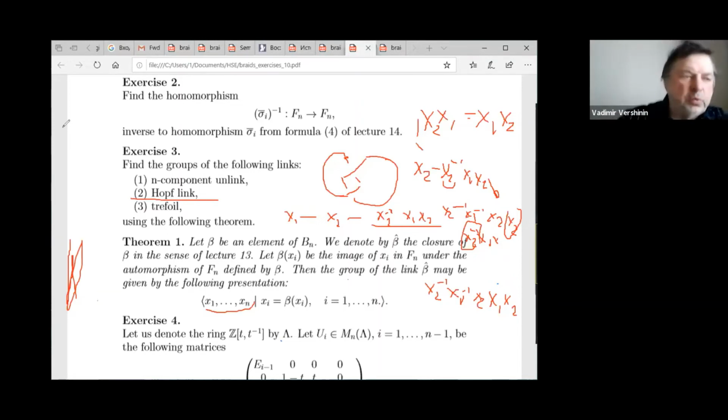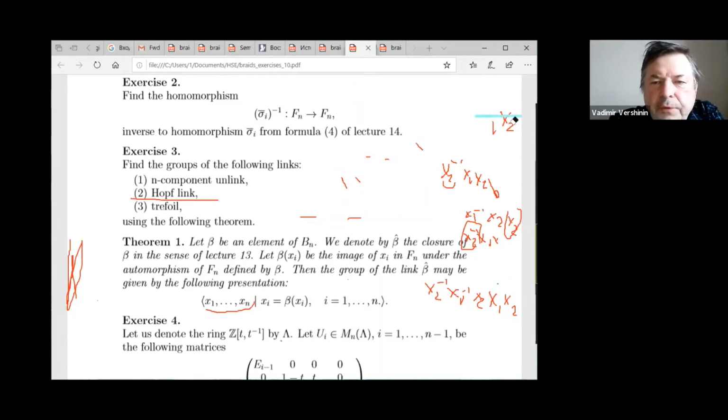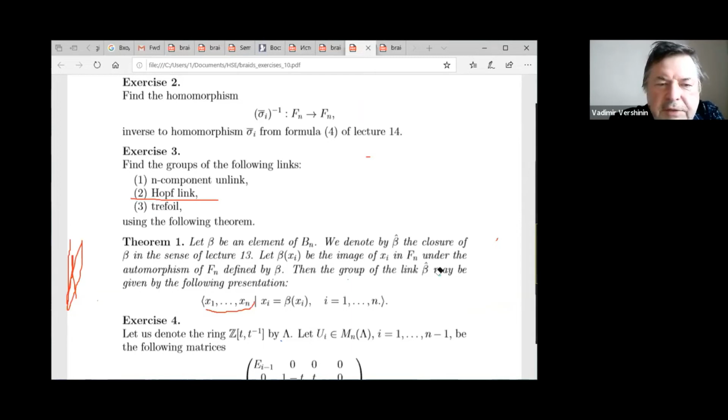So, and the last one. We should do this more quickly. Otherwise, I will not have time to speak about Jones polynomial, which will be a pity. So anyway, let us consider the trefoil, our wonderful trefoil, to get again braid relations.